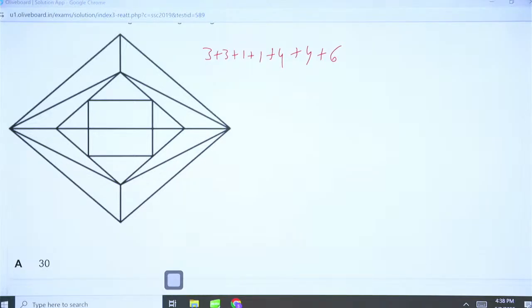Three, 3, 4, 5. 1, 2, 3, 4. 1, 2, 3, 4. And 1, 2, 3, 4, 5, 6. Why can't I find more then? Where am I lacking?